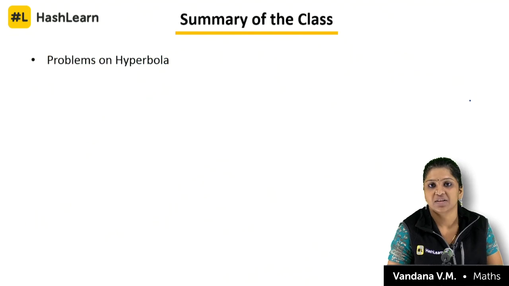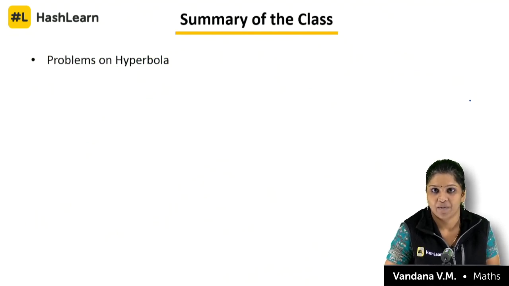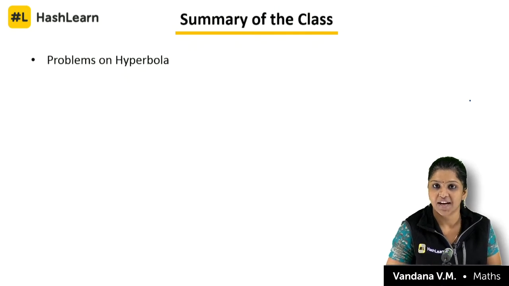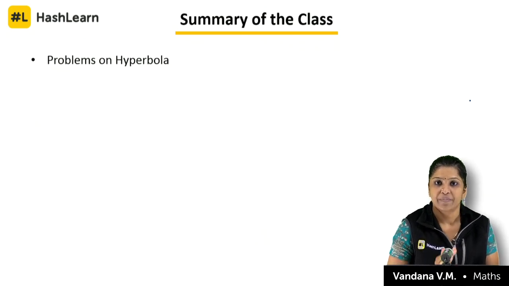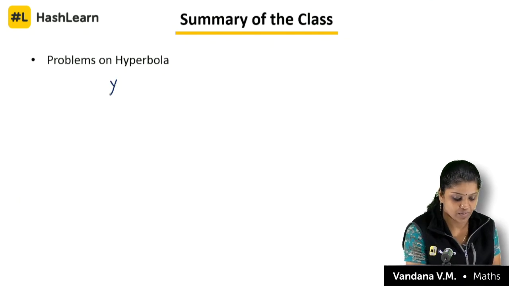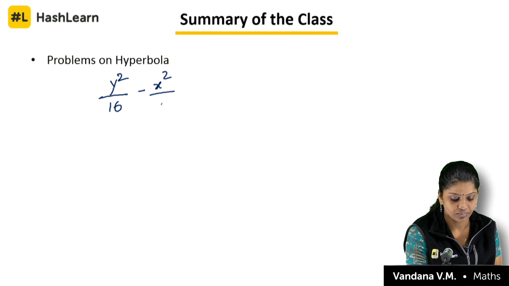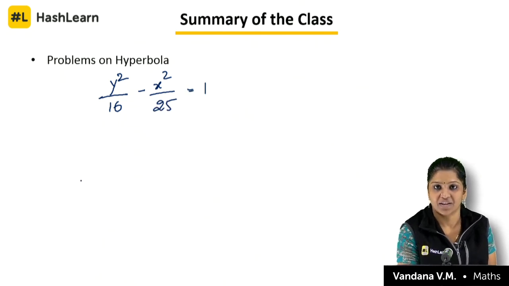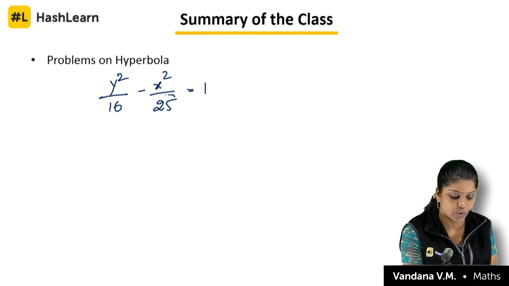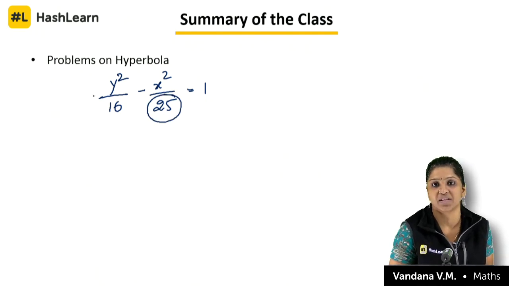Today, we learnt what is hyperbola. The difference is very important. What is that? The longest length minus shortest length. You have to keep that in mind, because many of you, whenever I give y square by b square like this and ask the length of the transverse axis, most of you will say, ma'am, 25 is major.